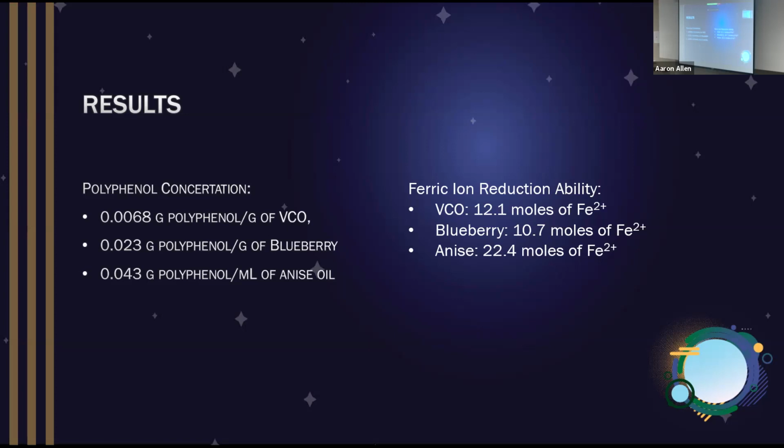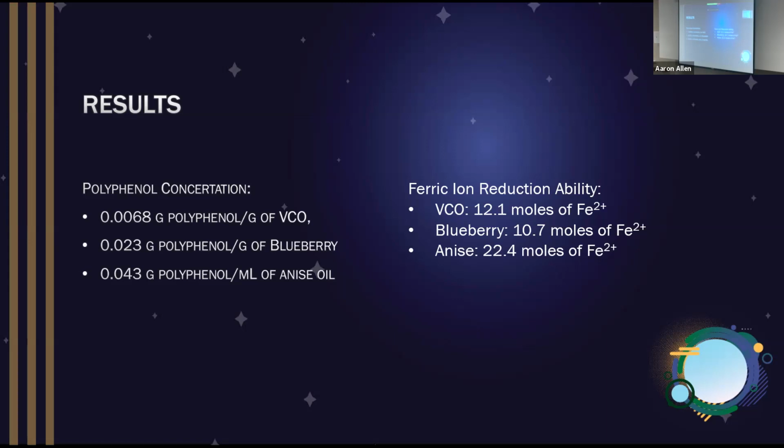And it's also interesting to note that in our FRAP assay, the virgin coconut oil was actually able to reduce more moles of Fe3+ to Fe2+ than the blueberry itself. I went in and analyzed this, and I think the reason is that with the blueberry, I had to strain out the juice and just use the juice for the assay, because if I tried to use the whole plant material, the skin and other stuff would get stuck in the pipette, and we don't need any more broken stuff in our lab.